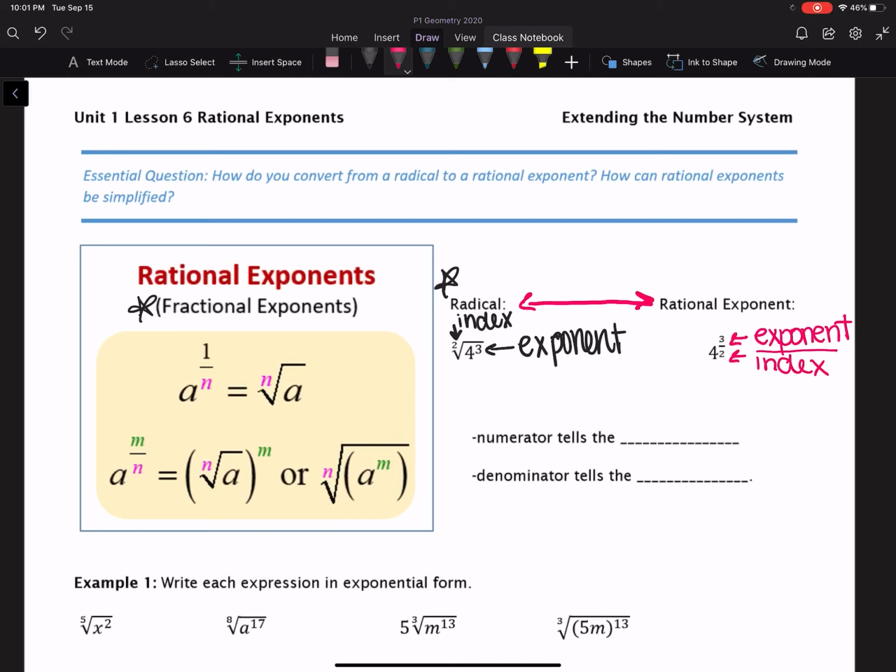So filling in the blank here, my numerator in this fraction is going to tell me my exponent, and my denominator, which is the bottom of the fraction, tells me my index.